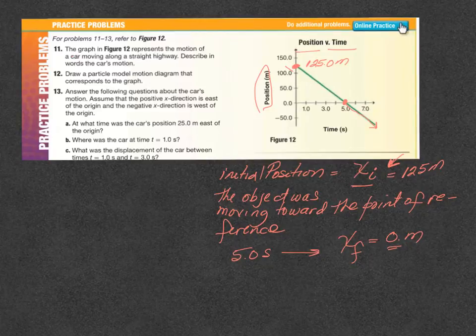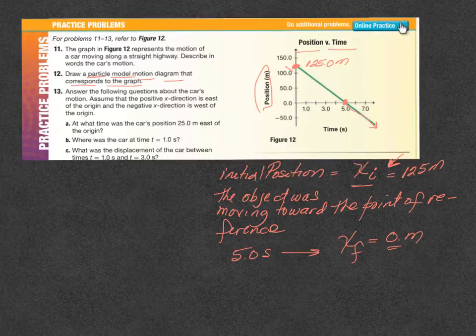Until now, you don't know how to calculate the speed or velocity, so we are not going to touch those terms right now. Then it says, draw a particle model. Particle model, not a motion diagram. A particle model is a motion diagram that corresponds to the graph.